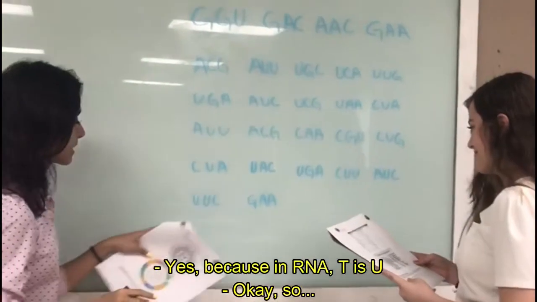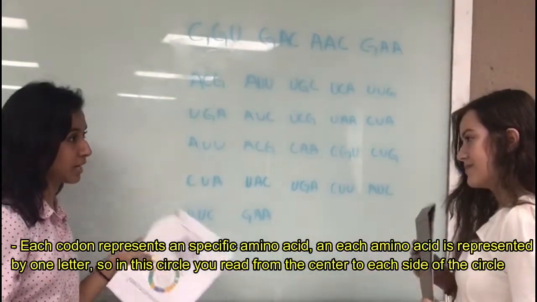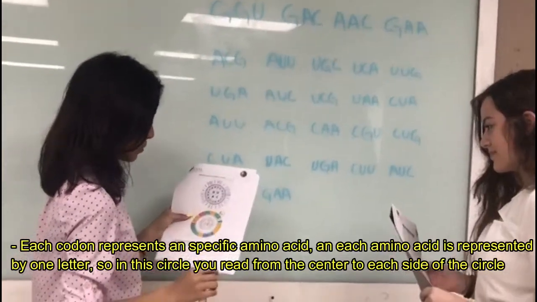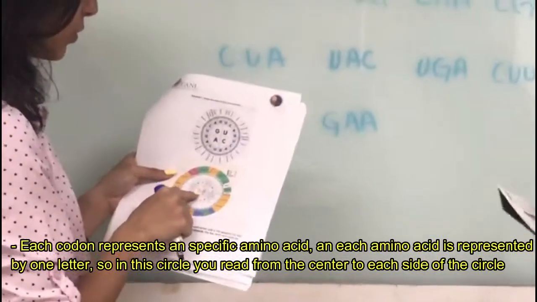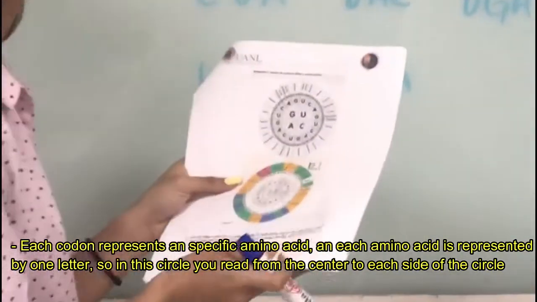Each codon represents a specific amino acid, and each amino acid is represented by one letter. So, in this circle, you read from the center to each side of the circle.